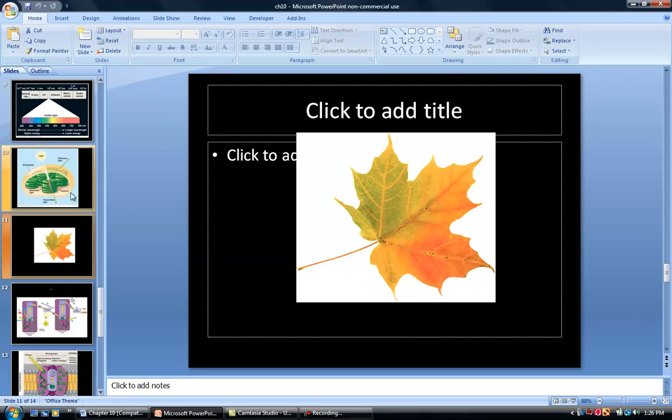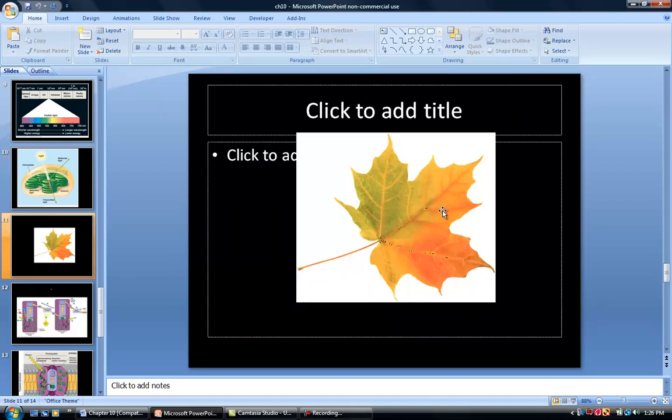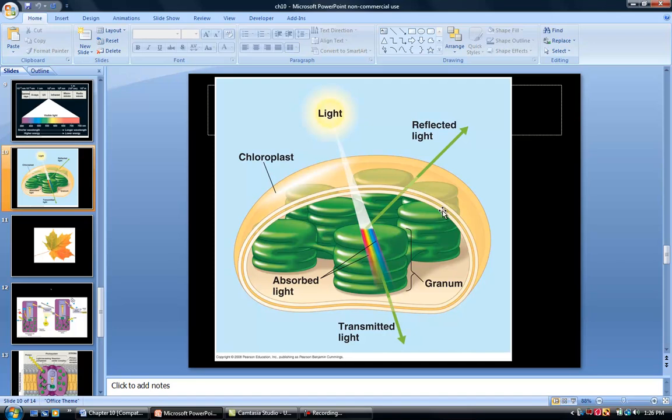The other thing I wanted to talk about is we talked about how you see color. So if you remember, visible light comes to us as white light, and that's all the colors of the rainbow mixed together. And when we see something that looks white, what's happening is all these colors are getting reflected back into our eye, and our eye can't handle it and just calls it white.